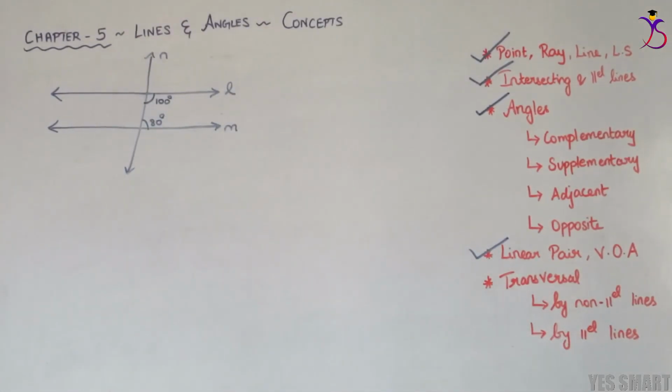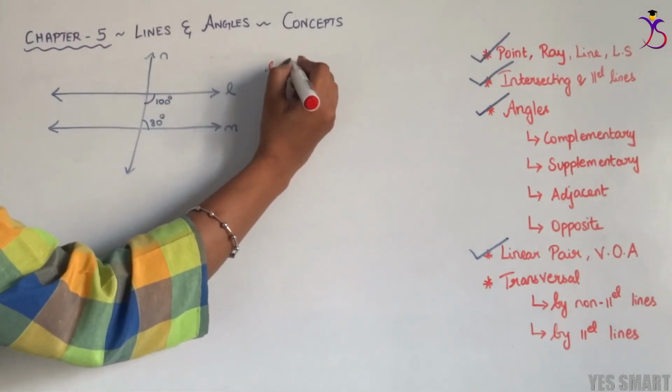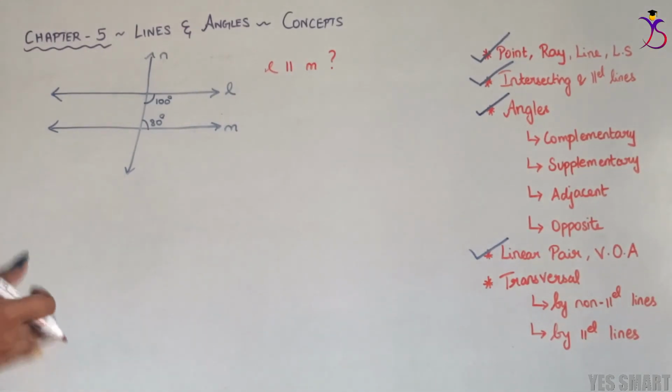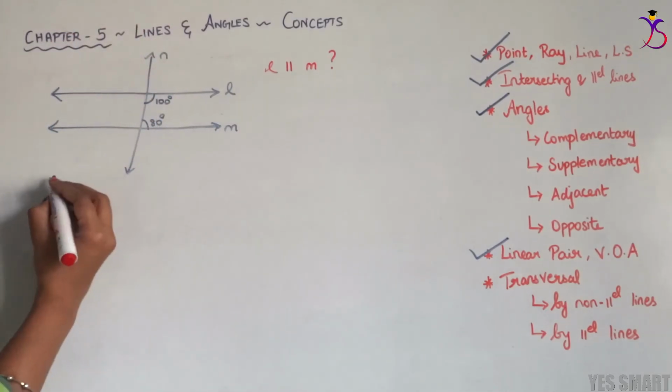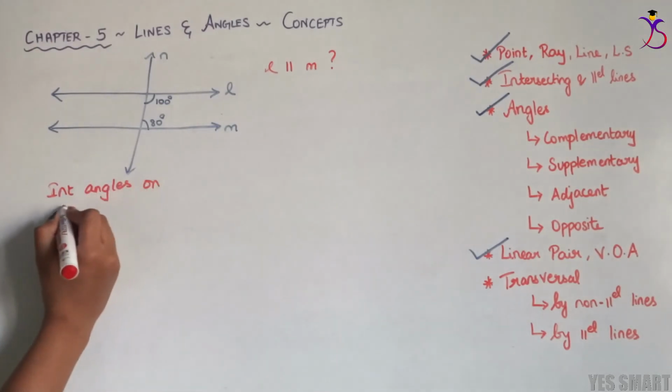Now let's look into the other example. In the other type of example, they have given two lines and a transversal and the measure of two angles, and they are asking us to verify whether line L is parallel to line M. So we know the property: interior angles on the same side of the transversal are supplementary. So let's see whether they are supplementary.